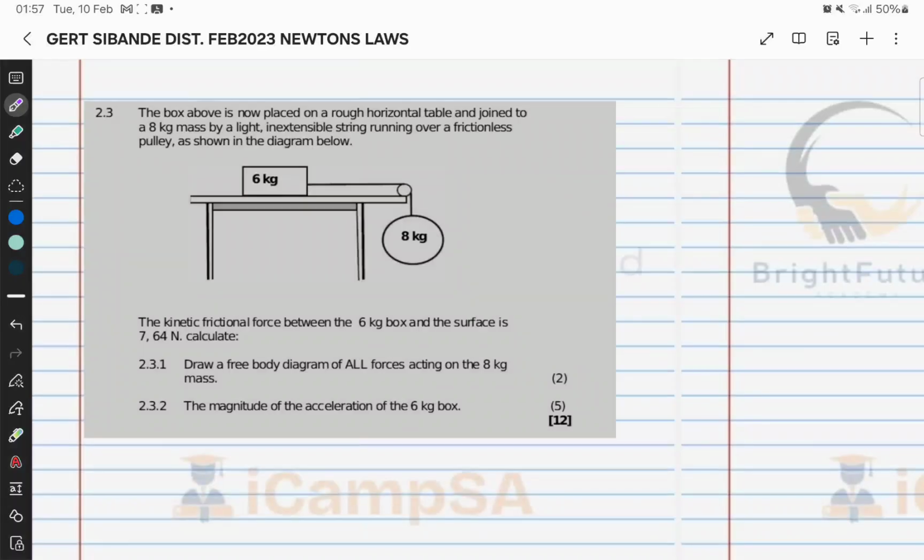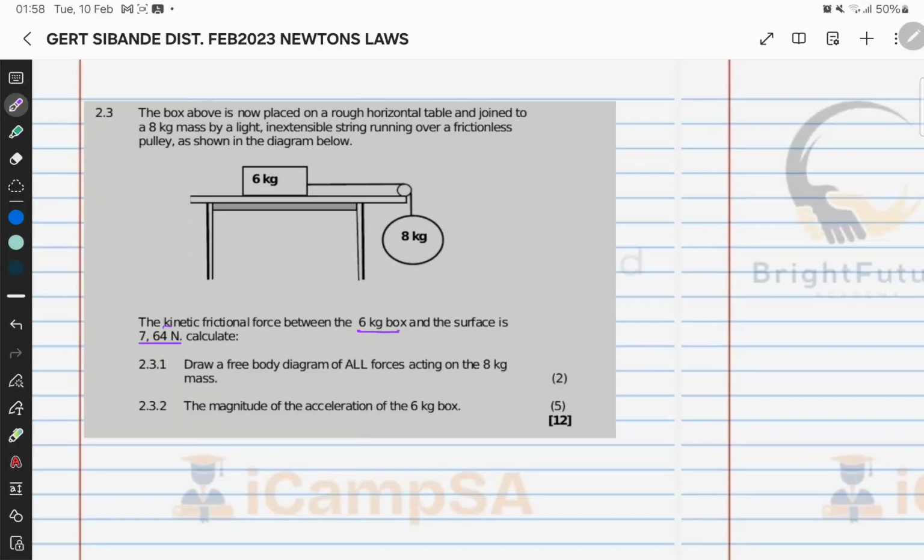They are connected by this light inextensible string, running over a frictionless pulley. We are given another piece of information: the kinetic frictional force between the 6 kilogram block and the surface is 7.64 newtons. Some keywords in a problem statement hint to you what's happening in the system.